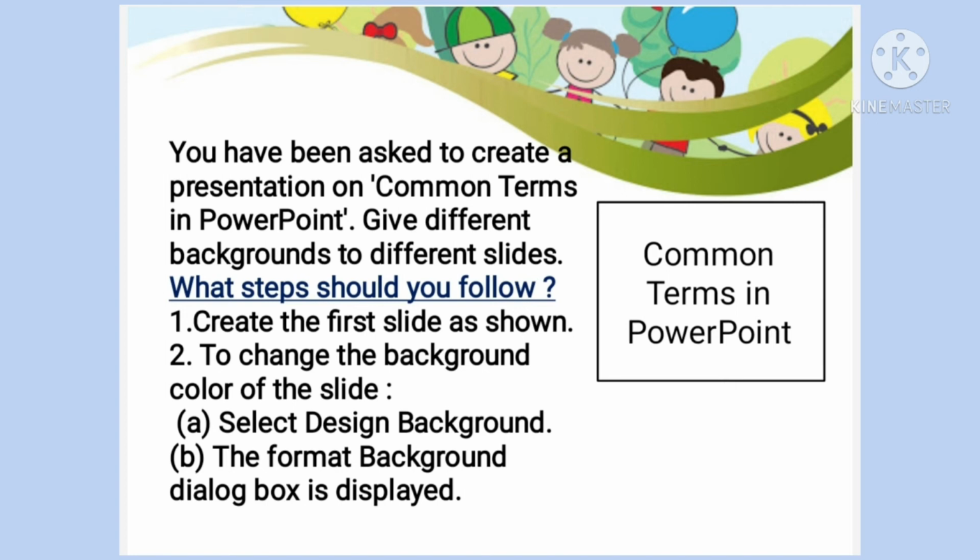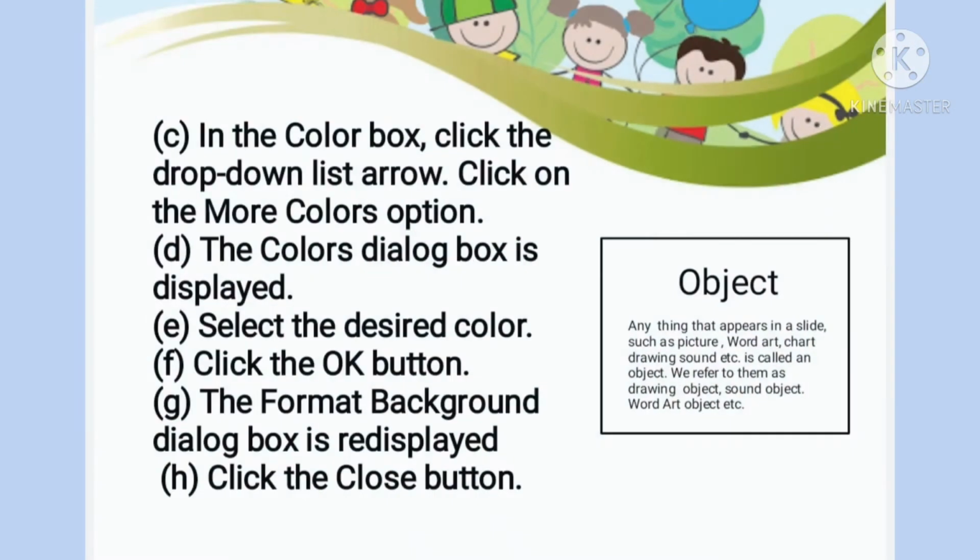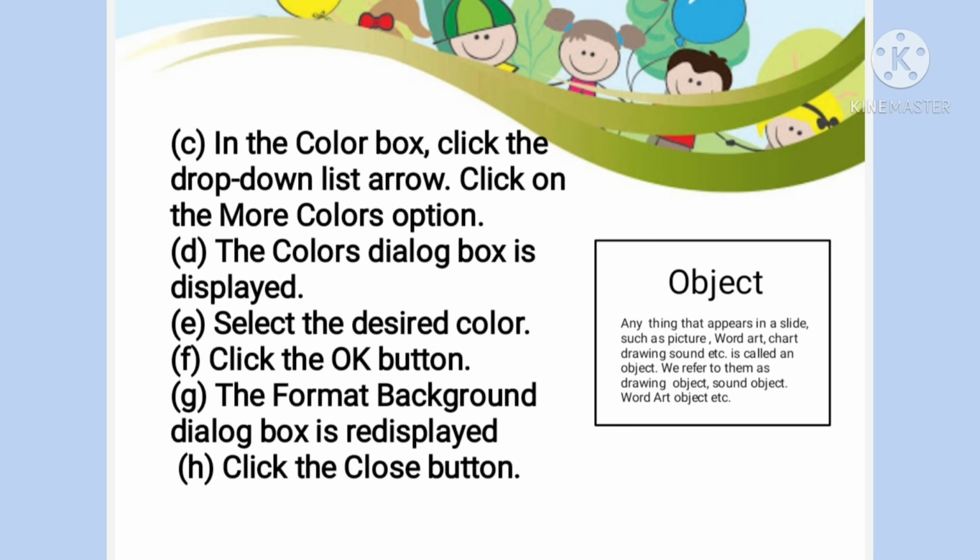A. Select the design background. B. The Format Background dialog box is displayed. C. In the color box, click the drop-down list arrow. Click on the More Colors option. D. The Colors dialog box is displayed. E. Select the desired color.